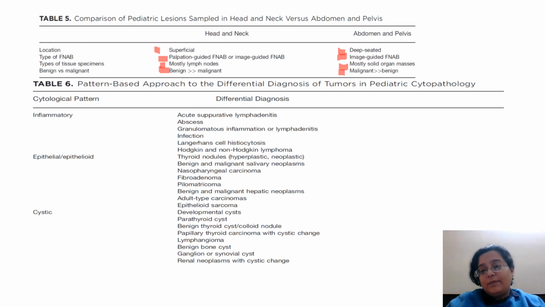It could be just a bacillary infection where in the background you might get some bacteria also with polymorphs, with macrophages, some hemophagocytosis might be there on a background of necrosis. You might get degenerated epithelioid cells, polymorphs, and caseous curd-like necrosis in the background. So these are some of the DDs of inflammatory lesions.